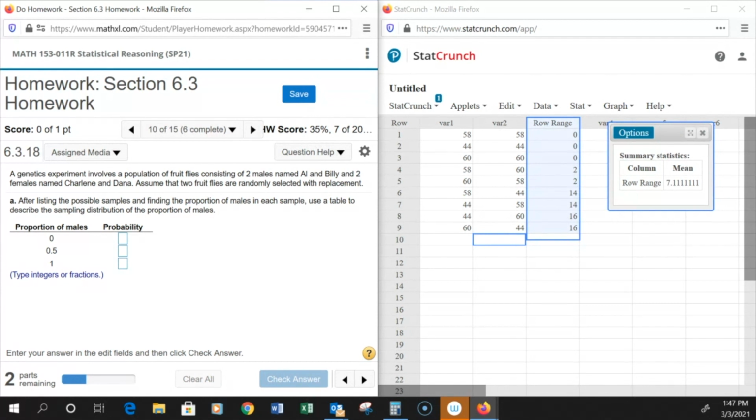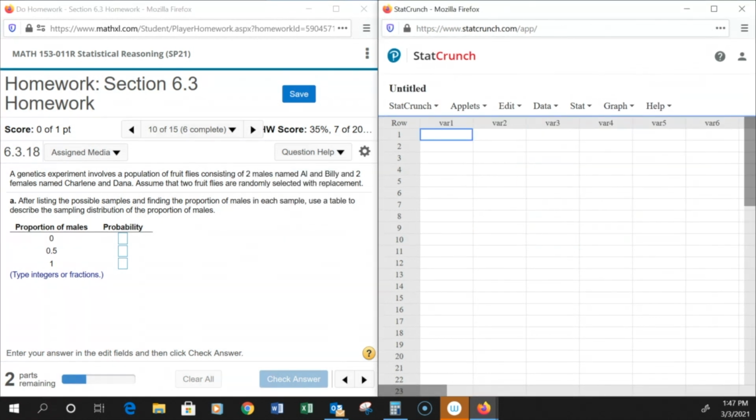So what are the possible samples? Oh, I guess I'm going to need StatCrunch. So here comes StatCrunch. What's going on here? We have Al and Billy and Charlene and Dana. I'm going to use A, B, C, D because it's easier for me.